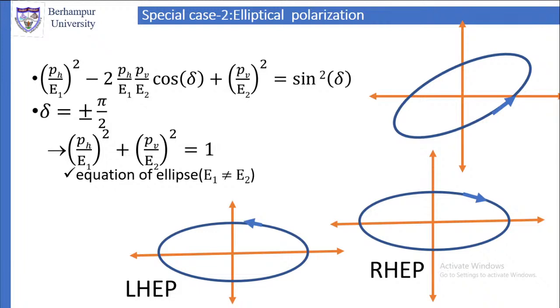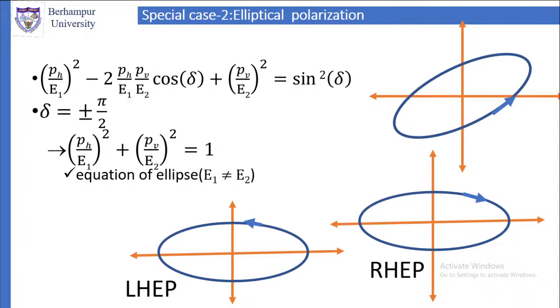Now look at this. When delta is equal to plus pi by 2, what happens? When delta is equal to minus pi by 2, what will happen? That we'll find out later. But for the time being, let us look at two conditions. On the ellipse, the tip of the polarization vector describes an ellipse.